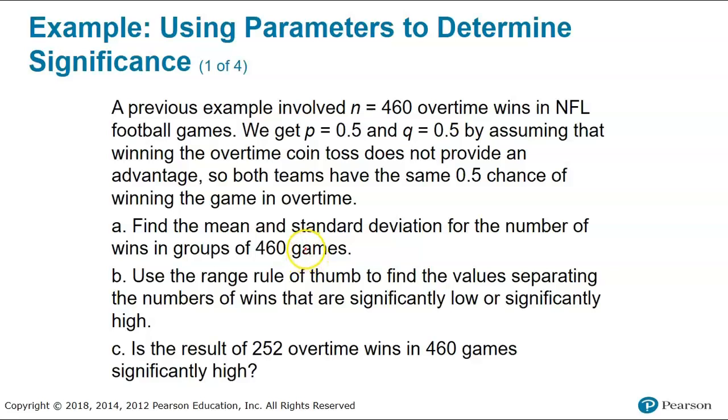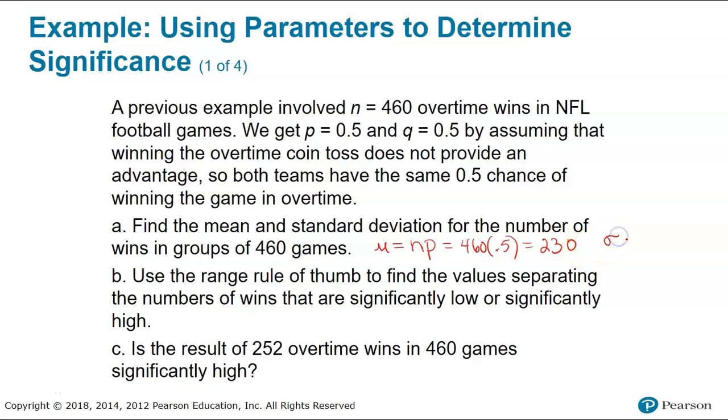Our expected value, or mean, will answer this. The mean is N times P. Our N is 460 and our P is 0.5, so we get 230 for our mean.